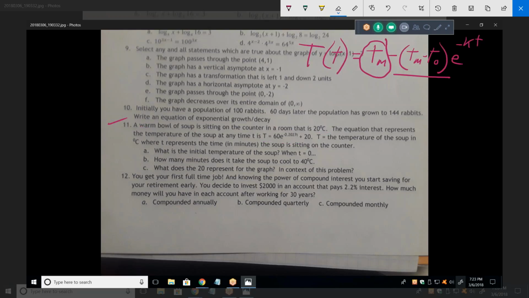So far, they've just given us an exponential equation, and they're asking us to plug in stuff. What is capital T when little t is 0? Any number to the 0 power is what? 0, or no, 1. So what is T? What's the initial temperature?